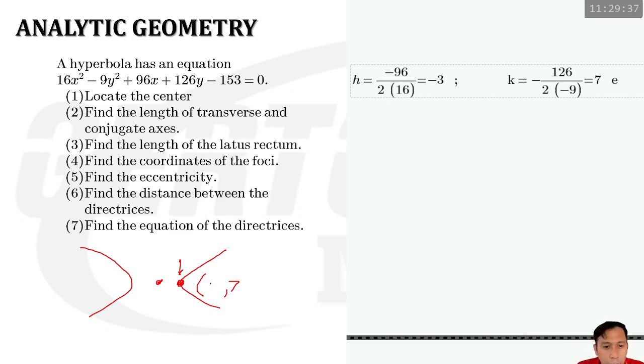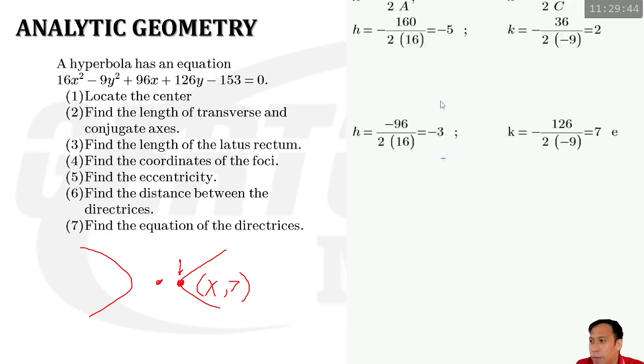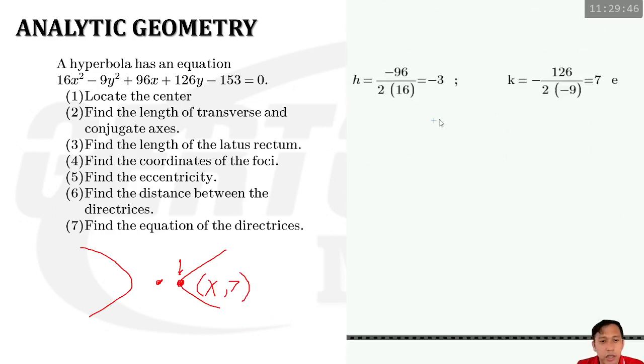Iba lang yung x. So I'm gonna find the value of x now with k equal to 7. Now that would be my first assumption. If I couldn't get anything, that means I'd be wrong.